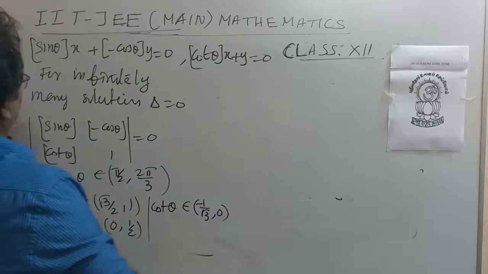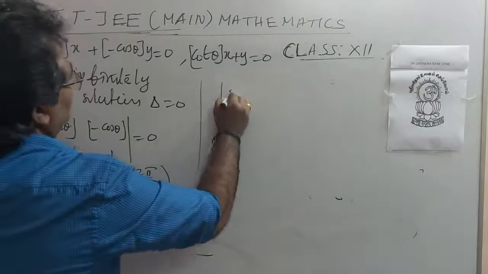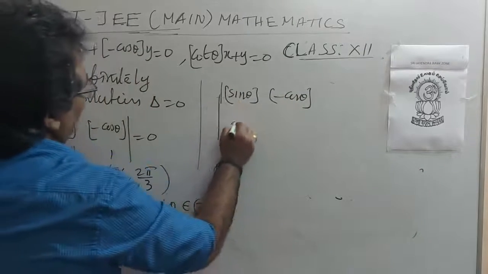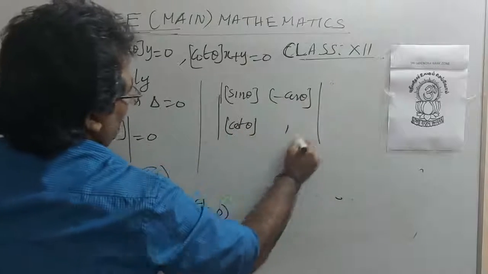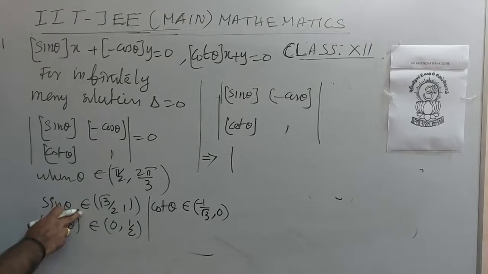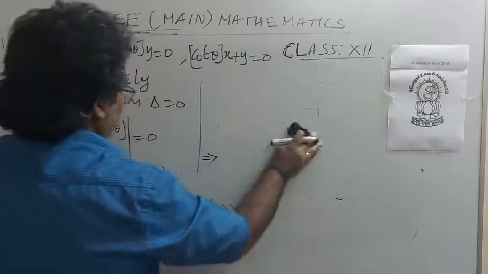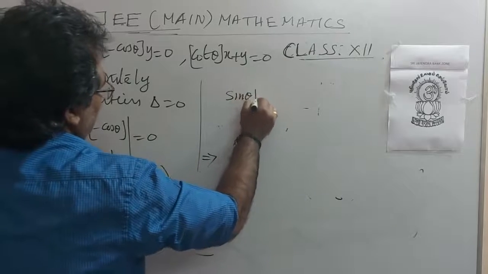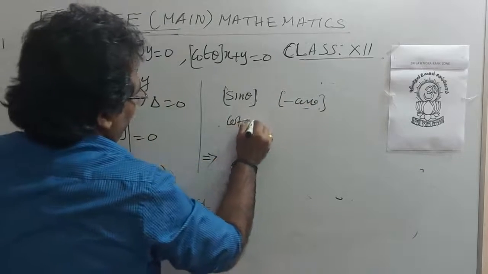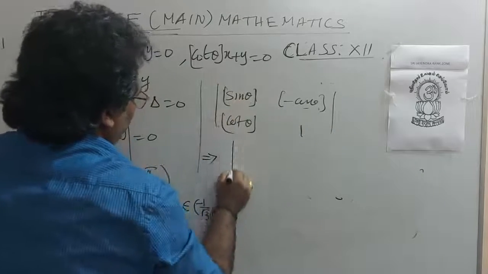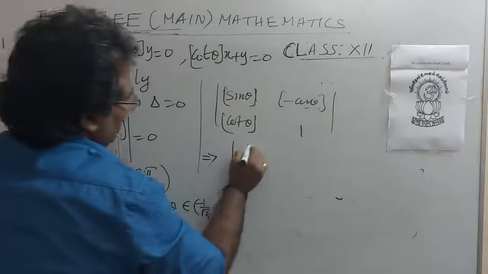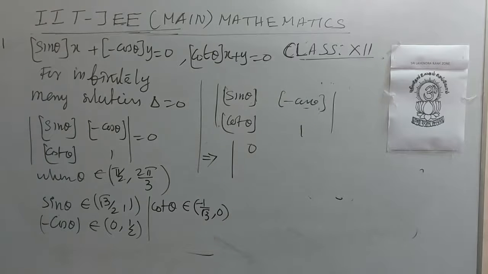So apply here. For sin theta in this interval, the least value is root 3 by 2, so the greatest integer is 0.